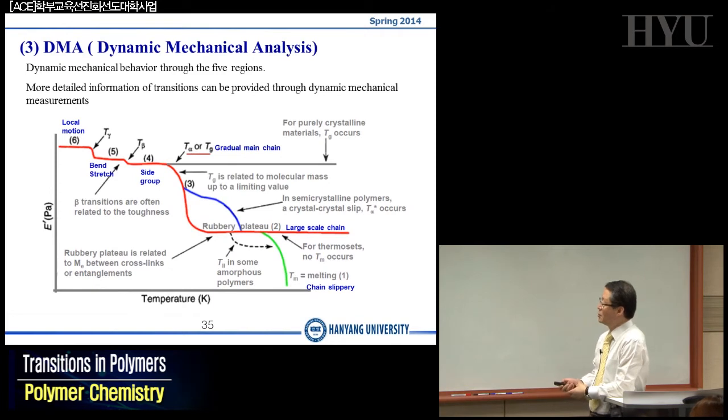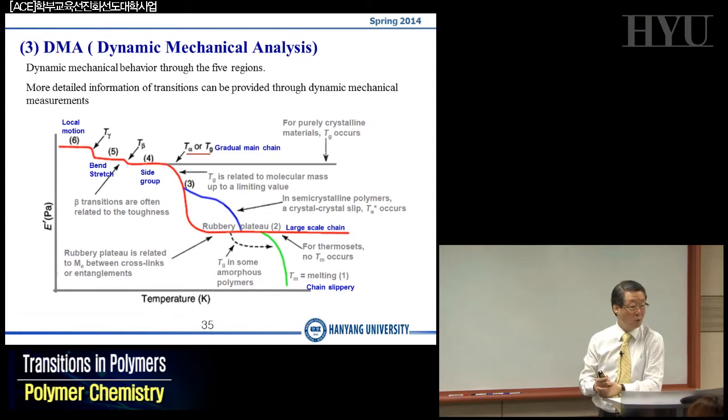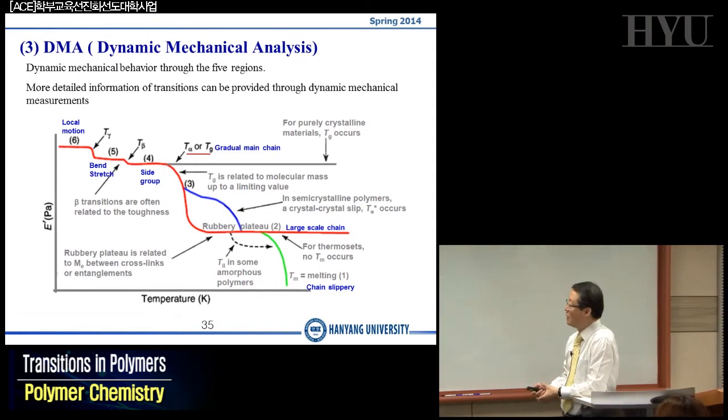This is another description of the DMA curves. You can find out those properties and so on. So this is the main one. You can easily see that this is the Tg. The side chain groups might move, or bending, or local motion, and those were regarded as alpha transition, beta transition, stuff like that.